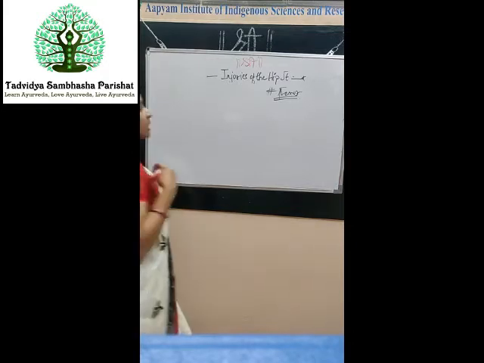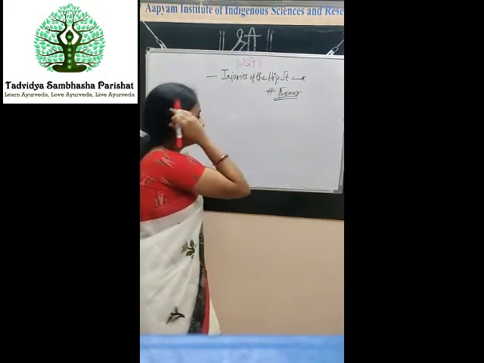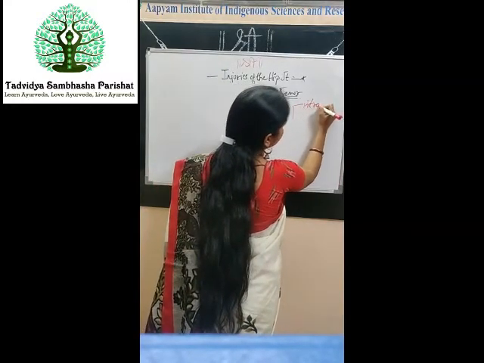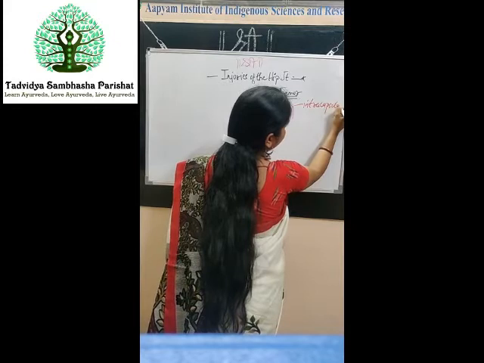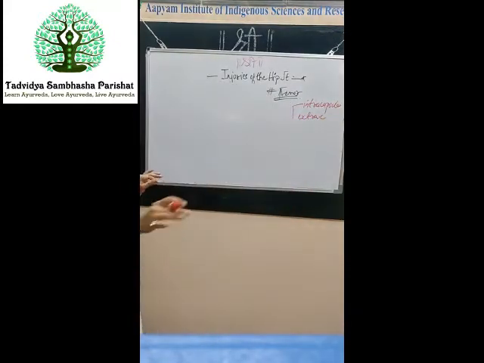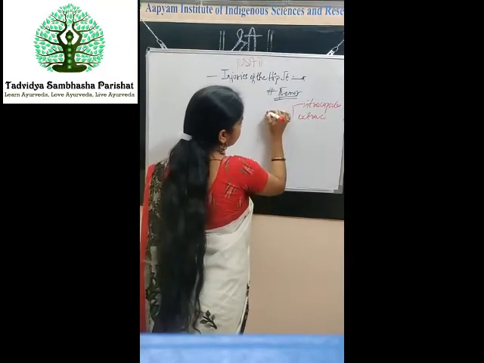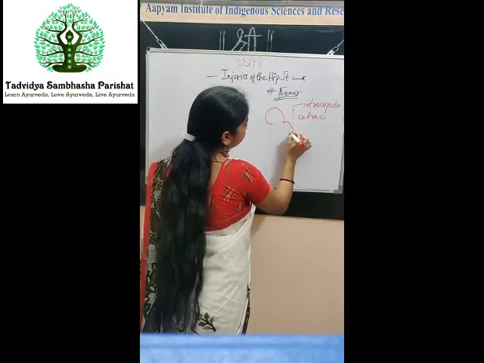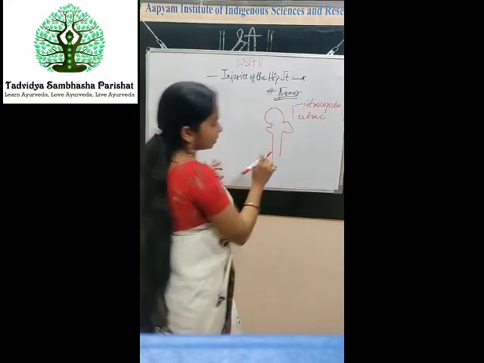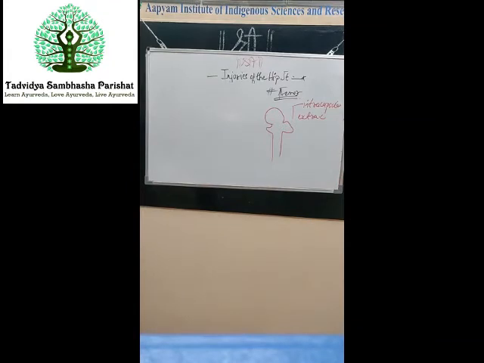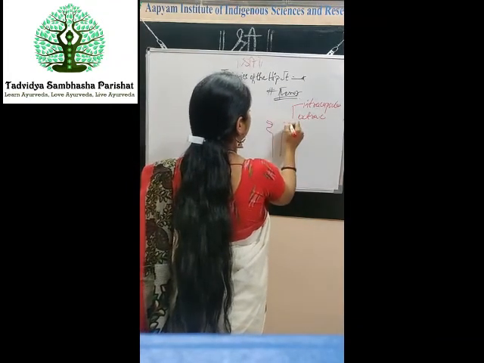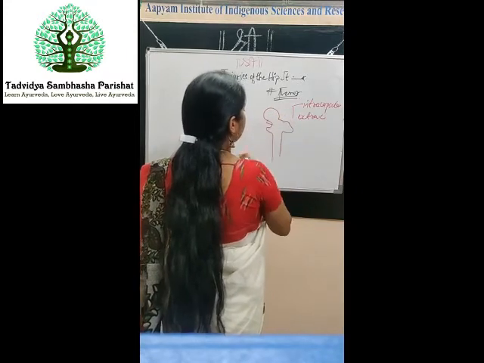First of all, fracture at the neck of femur is classified as intracapsular and extracapsular. Now, why is it called so? Suppose this is the head. You have the greater trochanter. You have the lesser trochanter. Something like this. Okay.